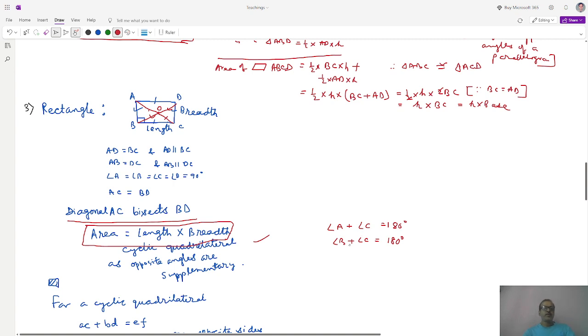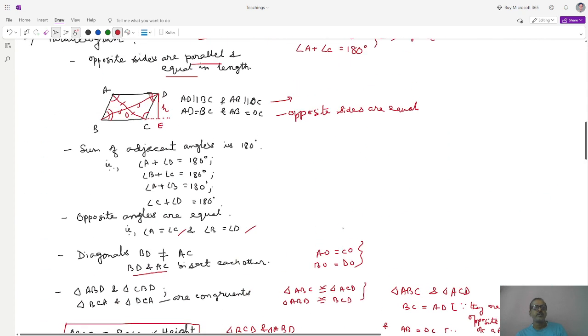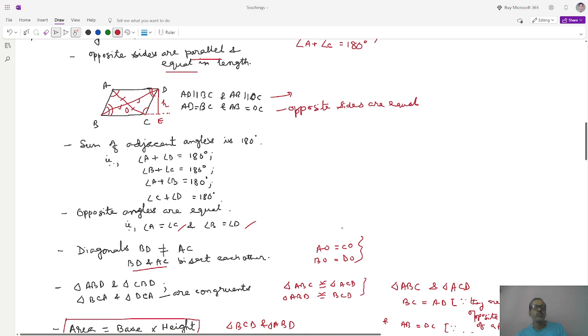So a rectangle is cyclic in nature. But as you have seen, a parallelogram is not cyclic in nature.